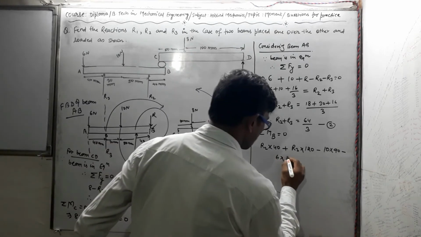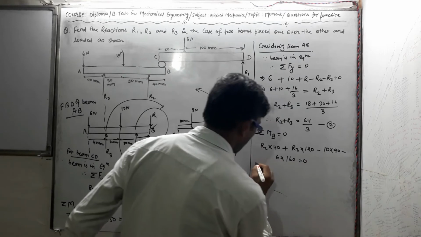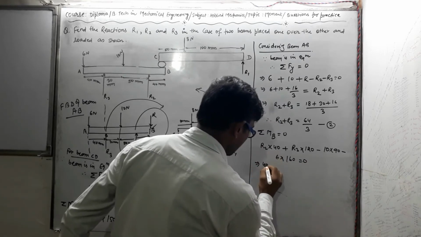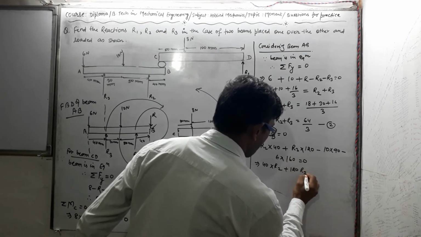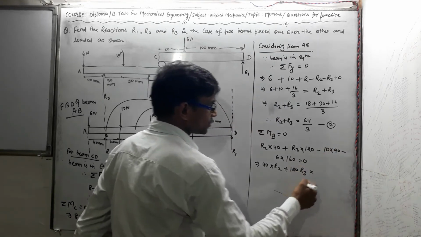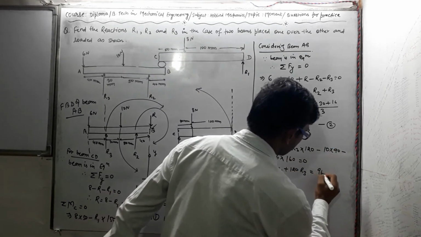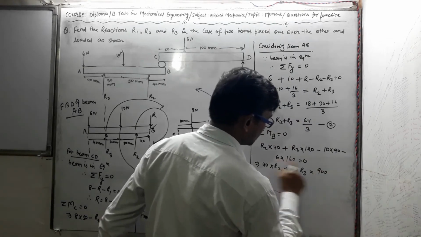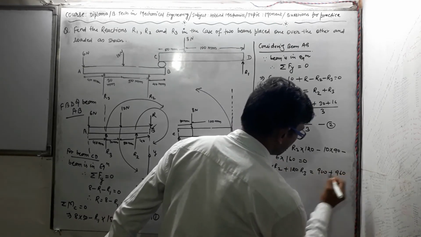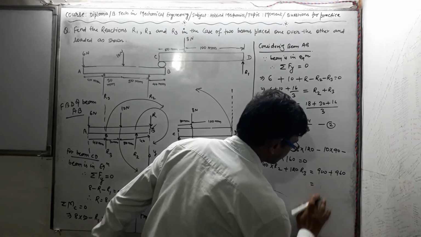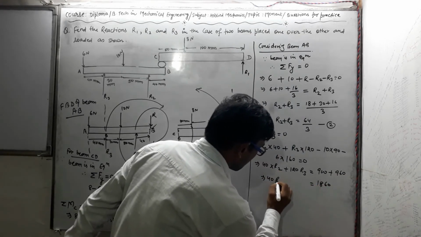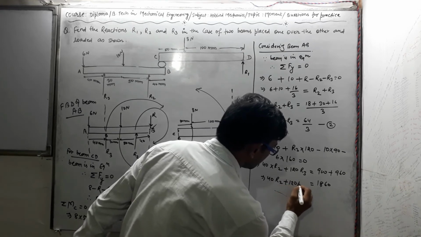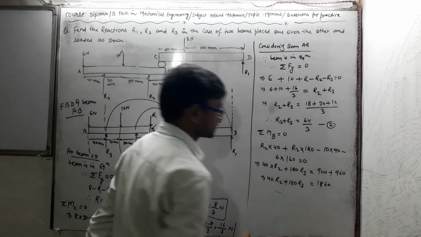160 gives 0, or 40 multiplied by R2 plus 120 multiplied by R3 gives, while transposing this to the right hand side, 900 plus 960, which is nothing but 1860. So 40 R2 plus 120 R3 gives 1860.